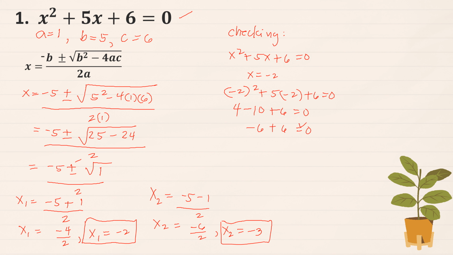Thus, they are equal. Using negative 3, the original equation becomes negative 3 squared plus 5 times negative 3 plus 6 is equal to 0. This is positive 9 minus 15 plus 6 is equal to 0. They are equal.